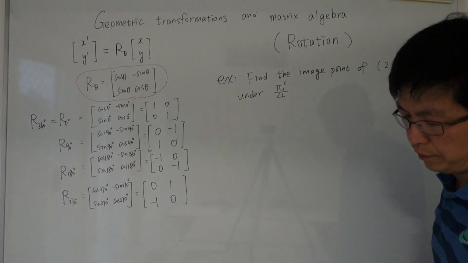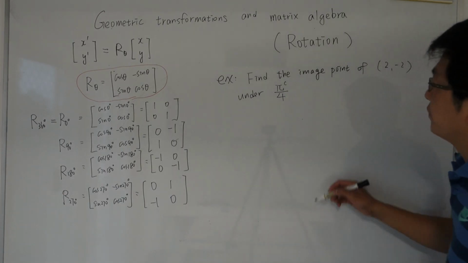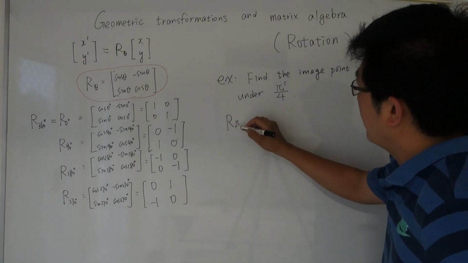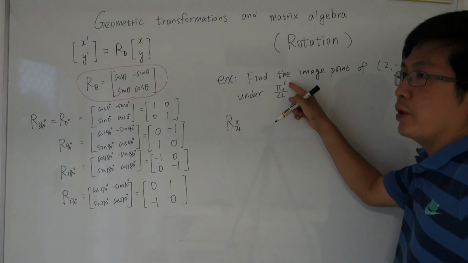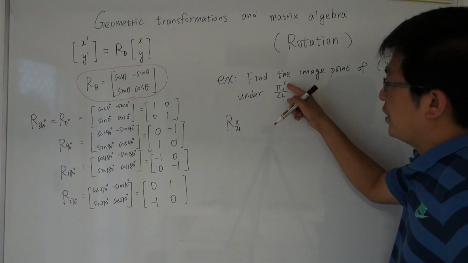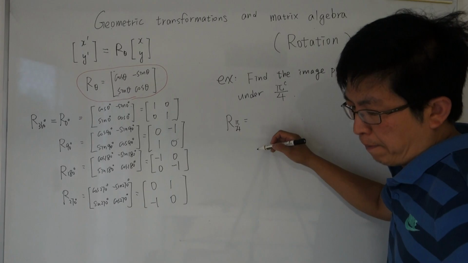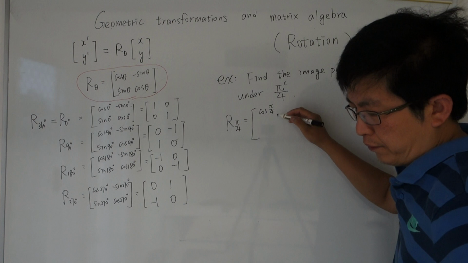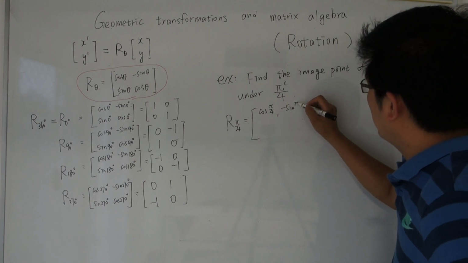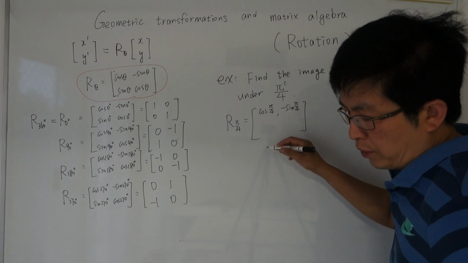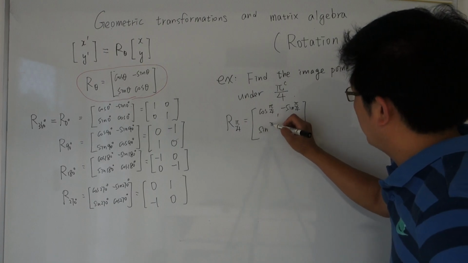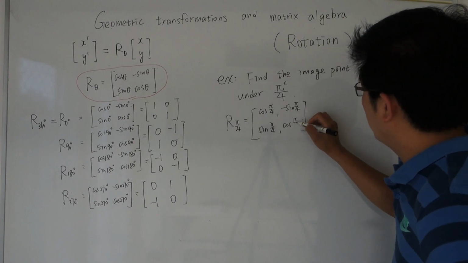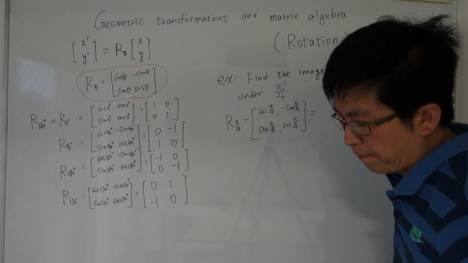Okay? So how do you do this one? We need to find the rotation matrix. Pi over 4. If radian, we don't write the unit, that's fine, right? So equal to cosine pi over 4, negative sine pi over 4, sine pi over 4, cosine pi over 4.